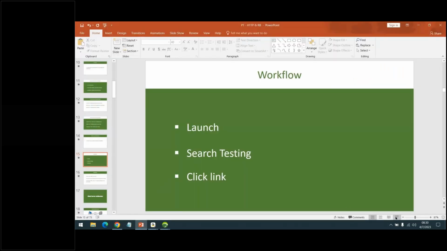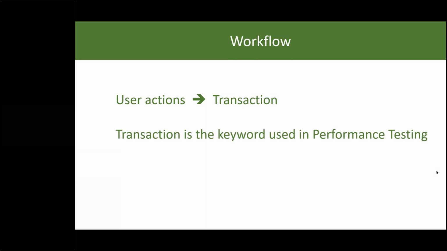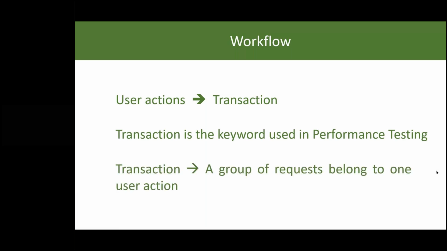A series of user actions is called a workflow, and this is the keyword we will be using. From a performance perspective, we will not call these user actions, but transactions. Transaction is the keyword used in performance testing. A transaction can be a group of requests that belongs to one user action.